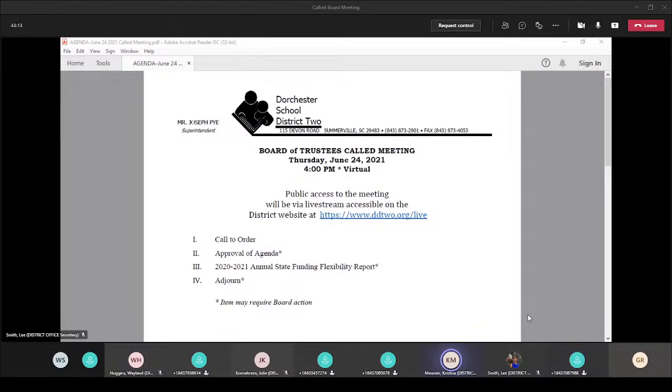So again, on the report that was uploaded into your board packet, I hope everyone had a chance to look at that. The current allocation amount is what we received from the state this year, as well as the carryover amount from last year. We have a total, and we typically report the entire transfer amount, but we don't have to transfer the entire amount.